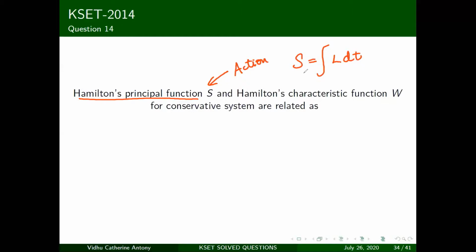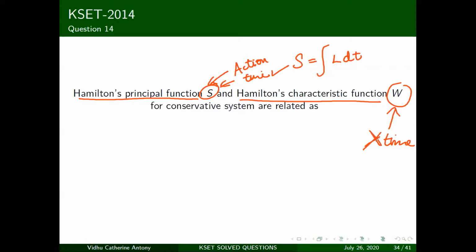Then you have Hamilton's characteristic function, which has other deep consequences, because this one is somehow related to that one. But this one is not dependent on time, and that one is dependent on time.